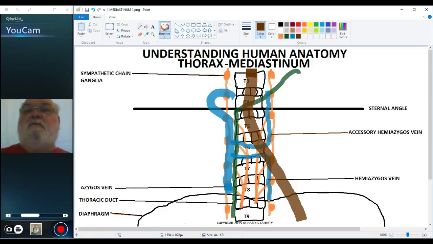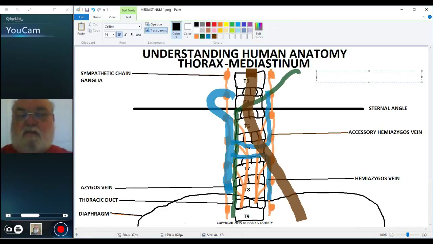And remember that the esophagus exits the thorax through the diaphragm at the level of T10.